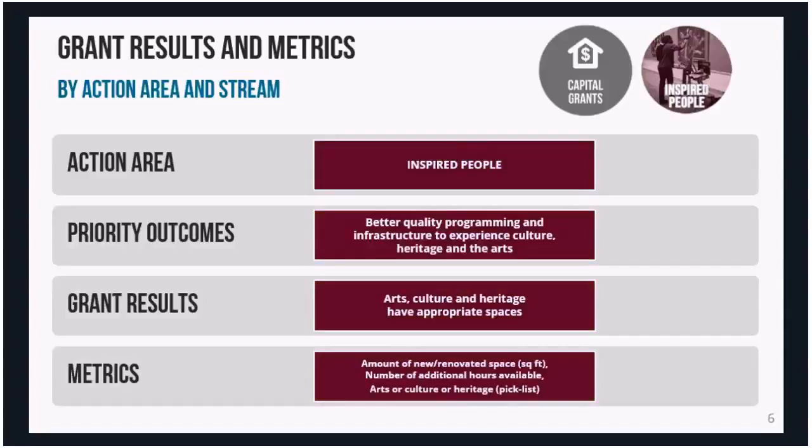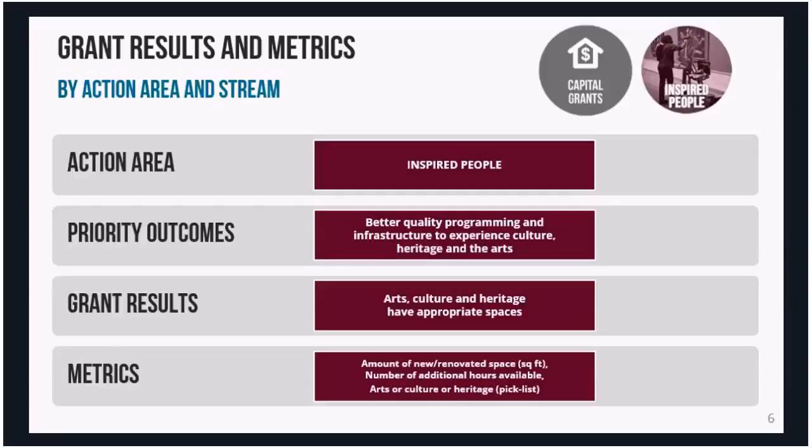Next is inspired people. The goal of this action area is to move Ontarians from passive audiences to active participants in the creative process. Facilities play a large role in hosting the exchange between artistic producers and audience. Spaces that are welcoming, accessible, technically sound, and aesthetically pleasing improve the quality of production or program, while also engaging participants physically, intellectually, and emotionally.